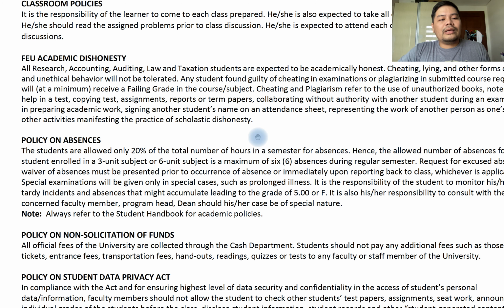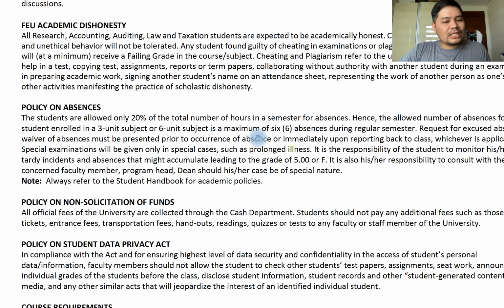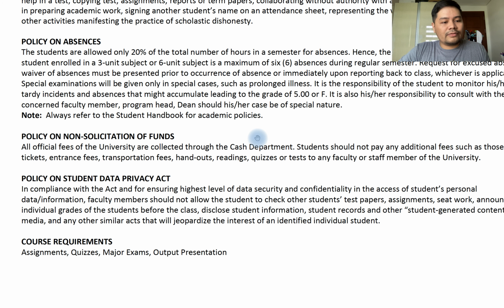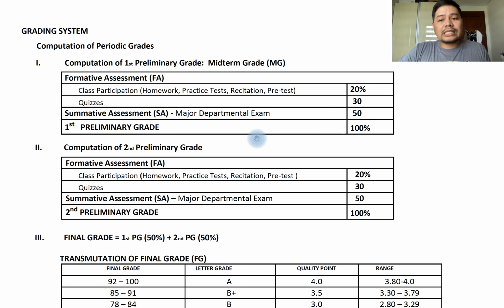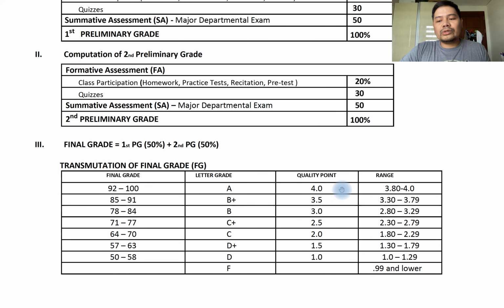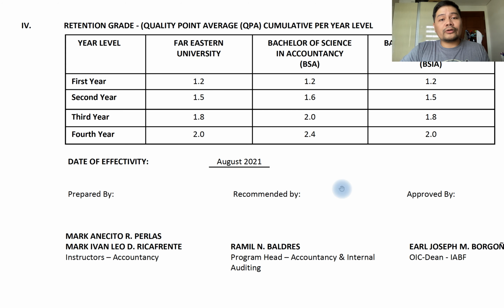Okay? In terms of policy on absences, hindi siya applicable. Yung grading, same pa rin, 50 for the midterm grade, 50 for the final grade. Okay, so that's all for the course orientation.